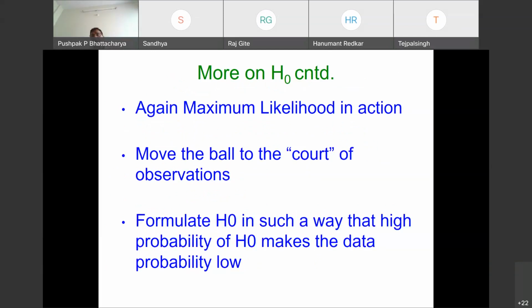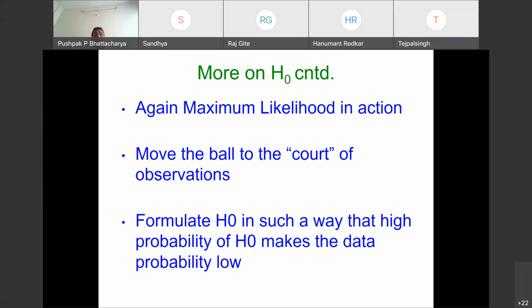So the hypothesis and the data are always trying to defeat each other, the null hypothesis and the data. So we formulate the H0 in such a way that high probability of H0 makes the data probability low. So this will be mathematically established.